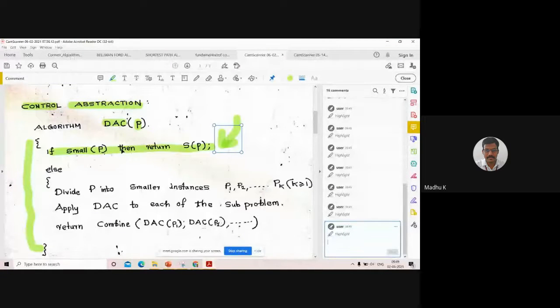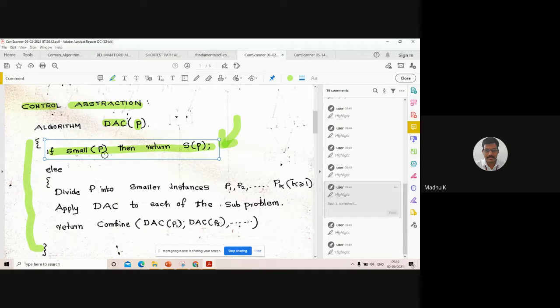So if the problem is very small, then return S of P. S of P means the solution of that problem. So if the problem is very small, then return the solution.